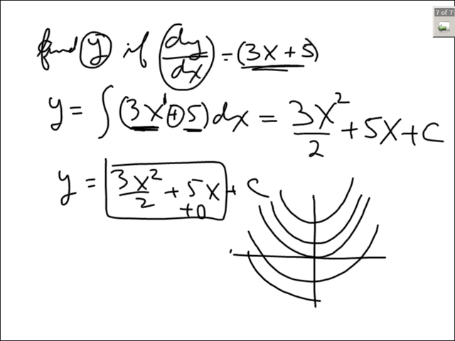Negative 1, negative 2, etc. All of those are graphs of y. We know y wasn't a constant. Given what we were given, we don't know what y is exactly, unless they give us some kind of condition.